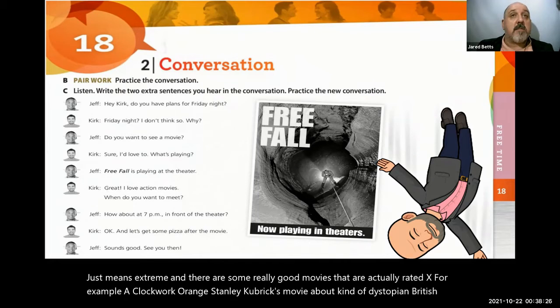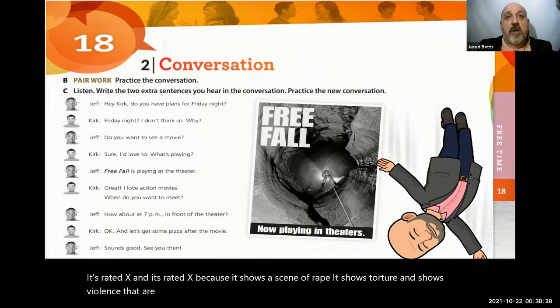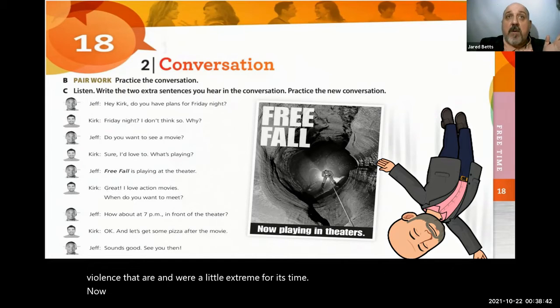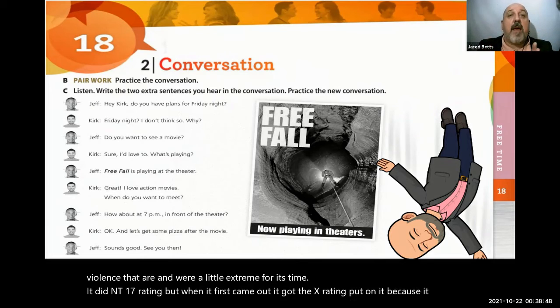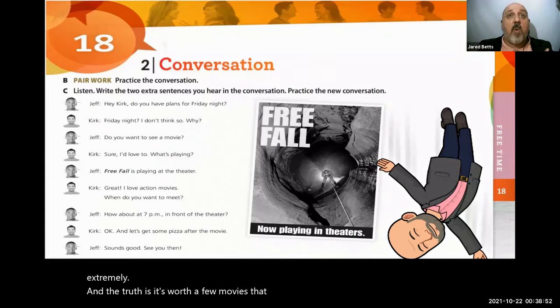It's rated X because it shows a scene of rape, it shows torture, and it shows violence that are and were a little extreme for its time. Now it would get an NC-17 rating, but when it first came out, it got the X rating because it is extreme. And that's strange because it's one of the few movies that have actually been nominated for Academy Awards that actually carry the X rating.